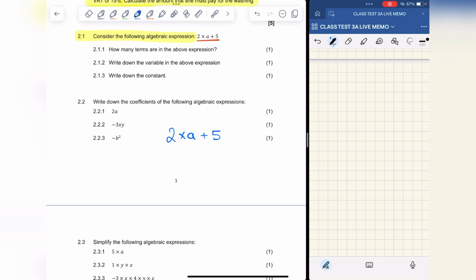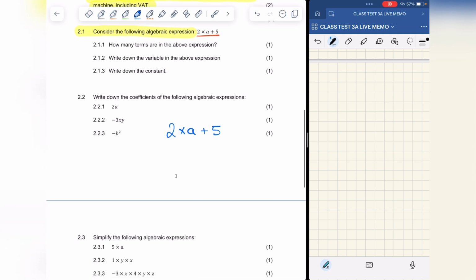Now what we know about algebraic expressions is that terms are separated by plus and minus. So if I look at 2 times a, this is not separated by a plus or minus. So 2 times a is actually just 2a.